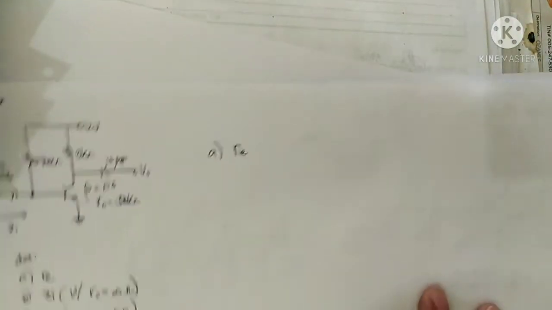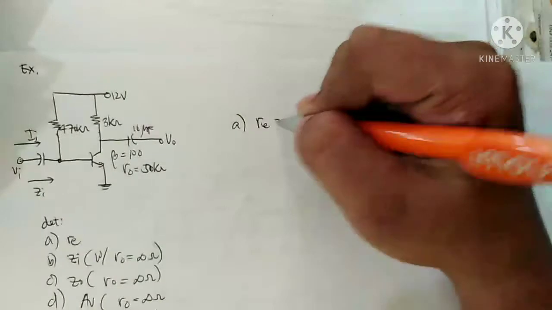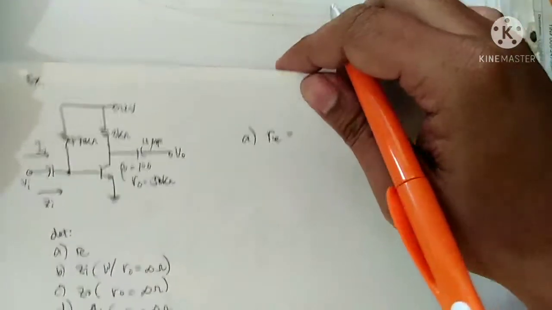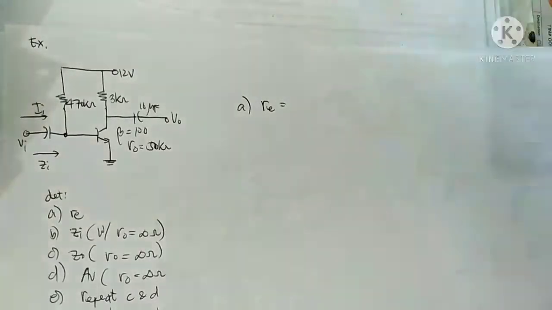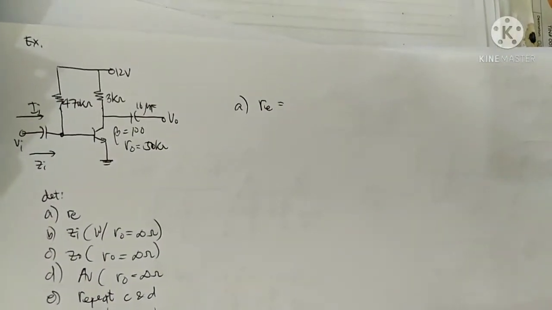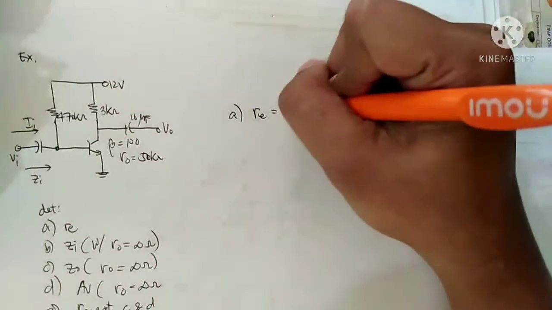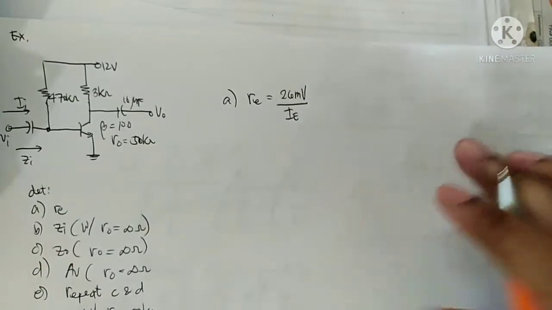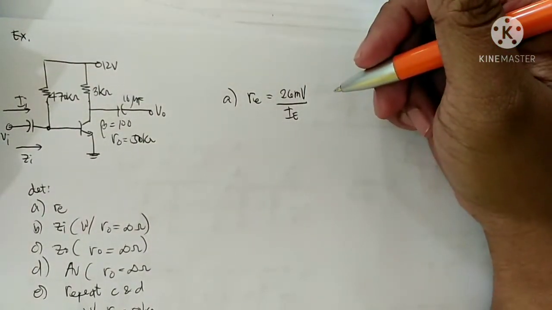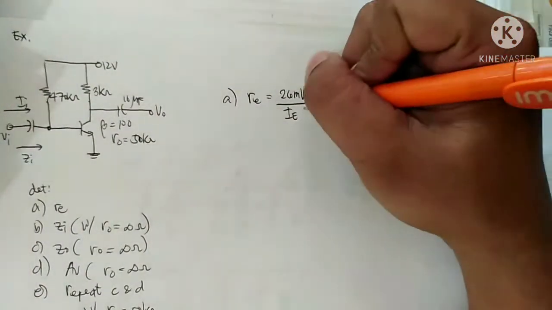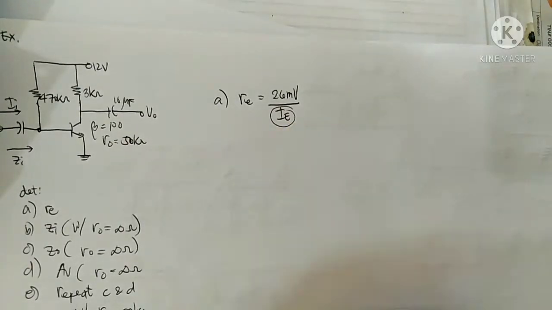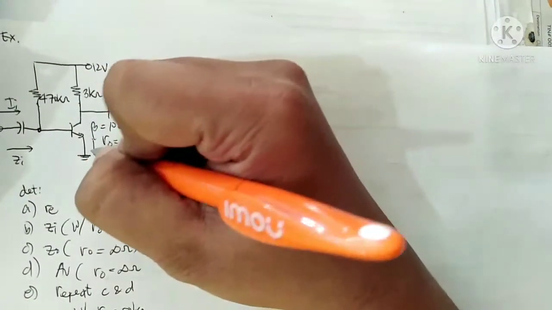So the explanation is that RE is equal to 26 millivolts divided by I sub E. That's the formula. We need to find IE, and since this is capital, meaning we do DC analysis.